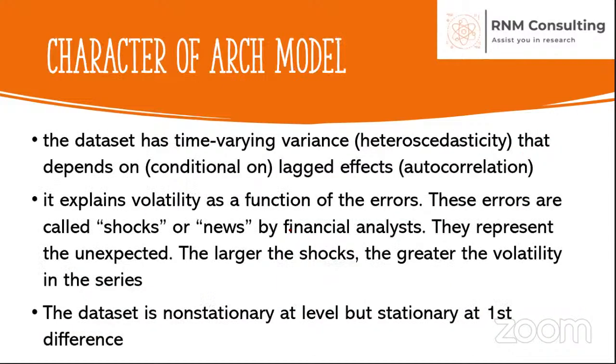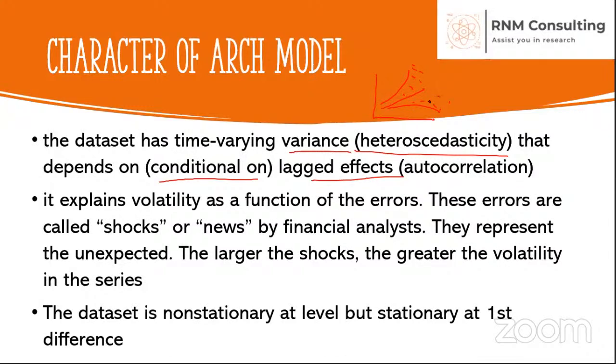The characteristics of the ARCH model: it contains heteroscedasticity, meaning it relates to variance, with a conditional lag effect or autocorrelation. Heteroscedasticity is like something that is out of our way. This shows that the data is outward, going beyond the linear form.